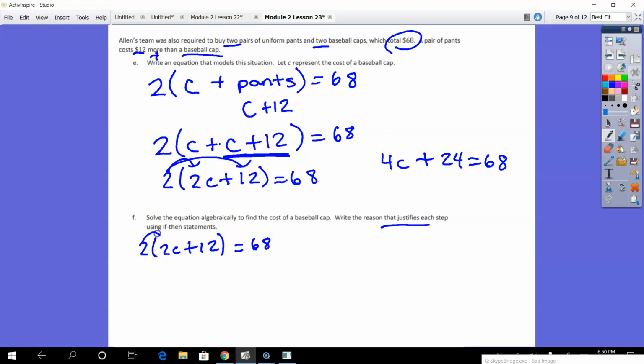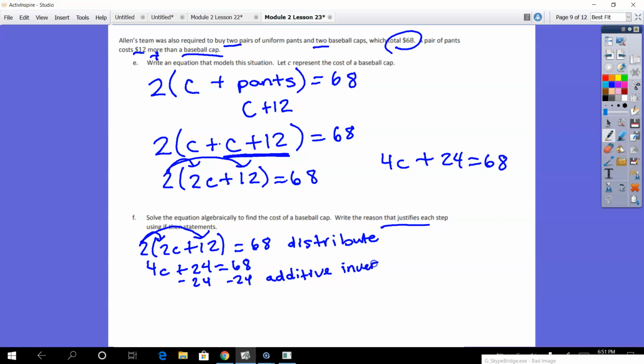Okay, so we said we use this one, we have to distribute first before we can do anything. Okay, so this was distribute. This is our additive inverse. 4C is equal to 44.